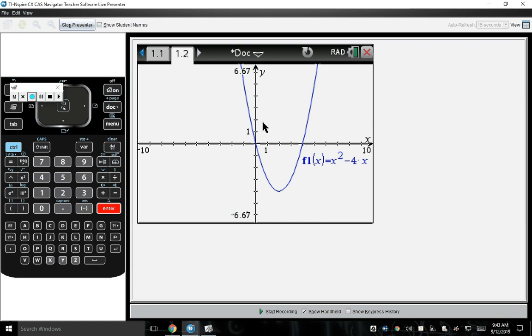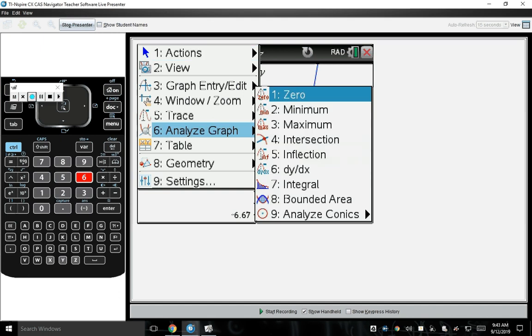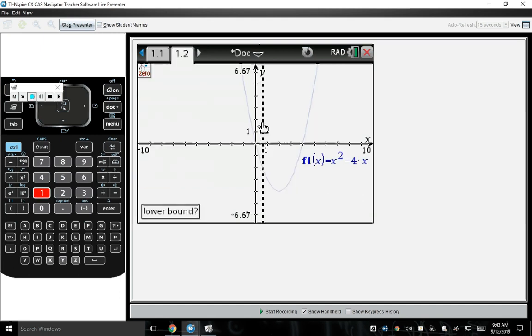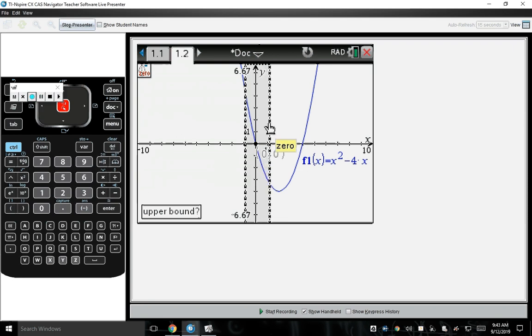And if you wanted to use the graph, watch me, menu 6, 1, because they're the zeros of the function. And it's asking you, what's the lower bound? If I go to the left of the first x-intercept, and then soft mouse scroll, you see, there it is, 0, 0. Watch this again with the other one.